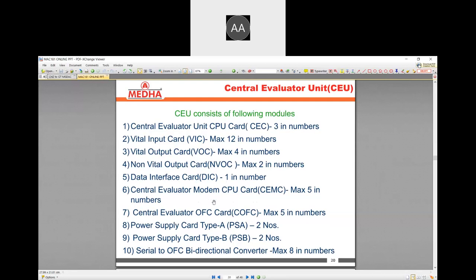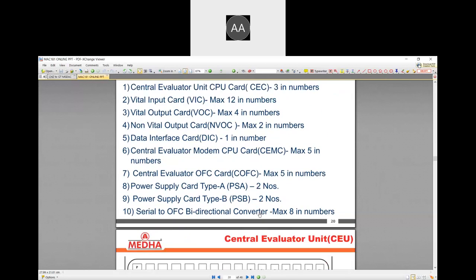Then if the mode of communication is quad communication, we'll go for the CEMC card, and maximum 5 can be used. Same for OFC, 5, and 2 power supply cards for channel A and channel B. And the communication will be through the OFC converter, and maximum 8 can be used.